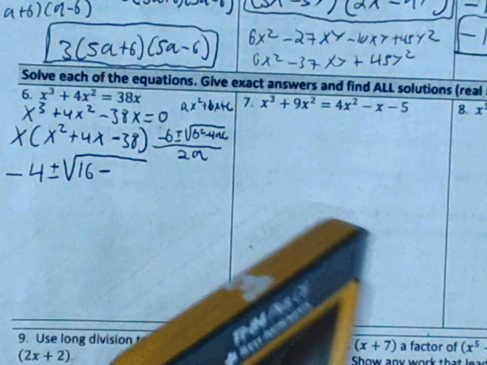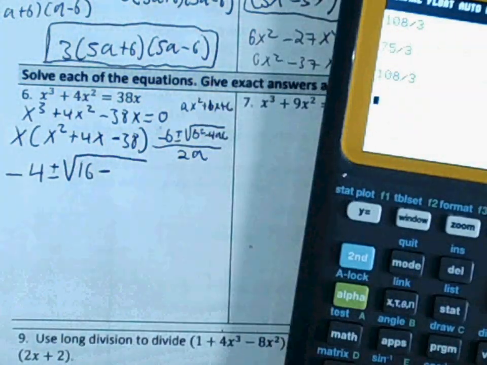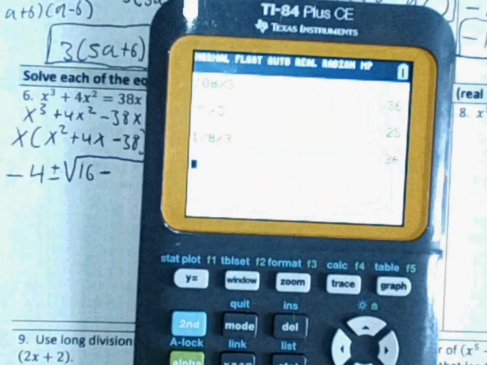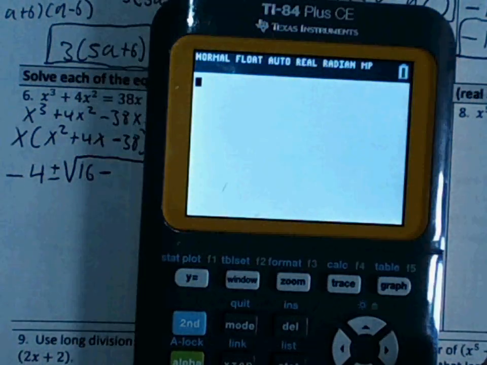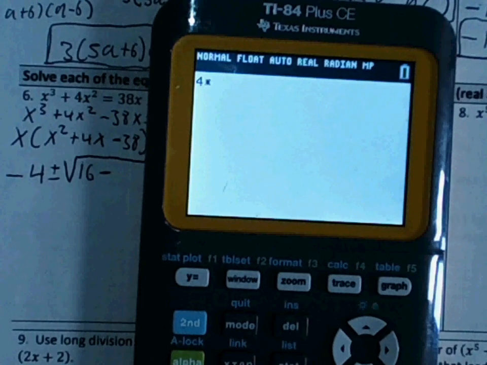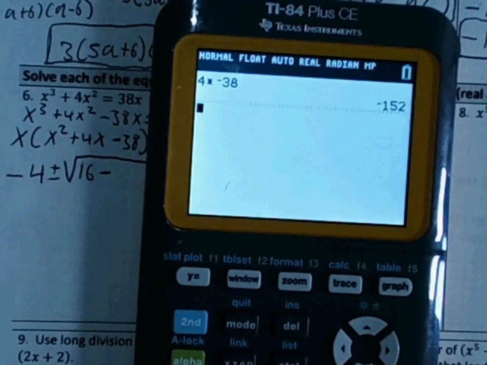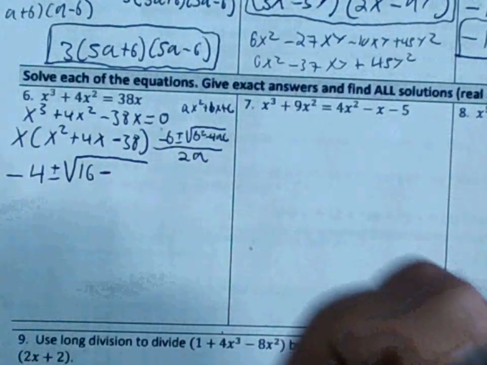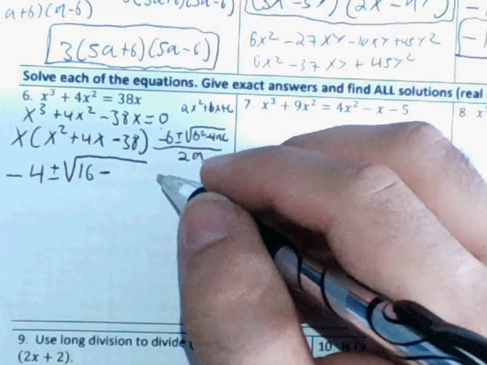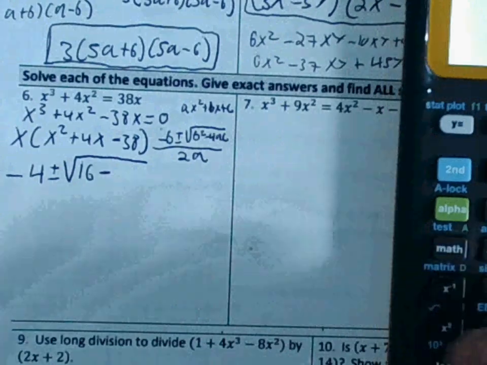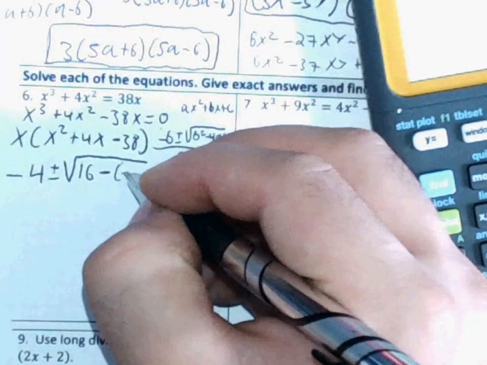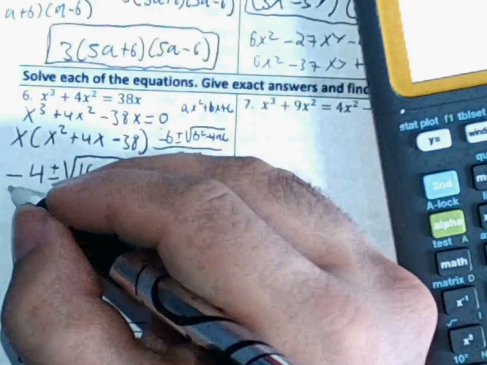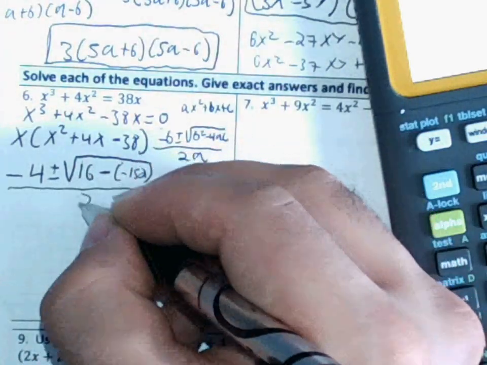I'll need my calculator for that one. 4 times negative 38 is negative 152. So there'll be 16 minus negative 152. So that's 16 plus 152, all over 2a, which is going to be all over 2.